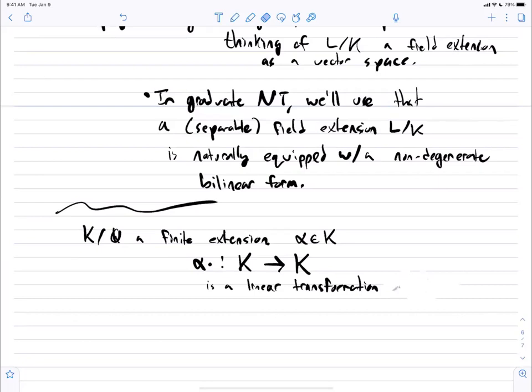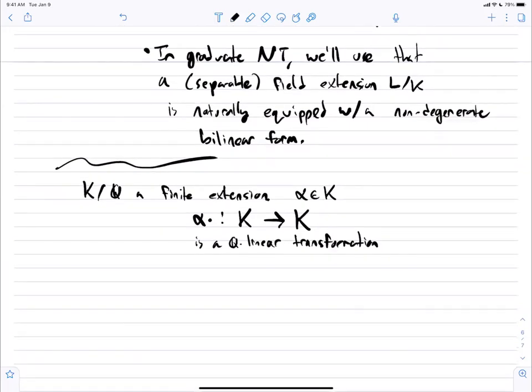So let me say this is a Q linear transformation, just because multiplication is commutative in K. So if I think of K as a Q vector space, then multiplication by some element of the field is a linear transformation. And I can take the trace of that linear transformation. The notation is trace K over Q of alpha, which is just the trace of this linear transformation.